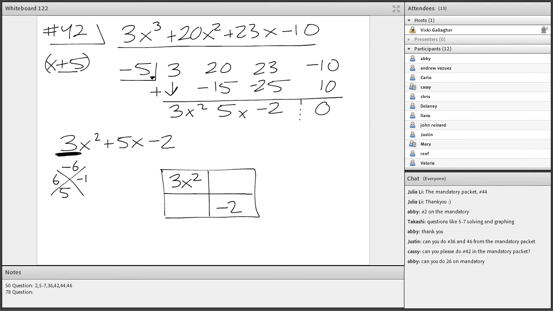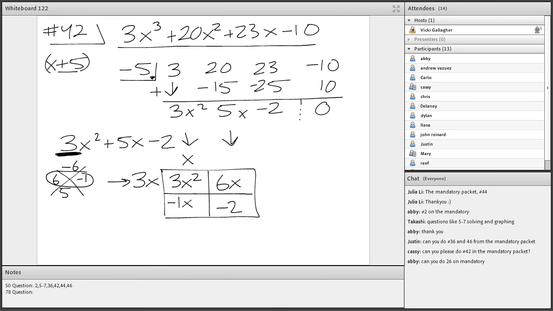And then on the diagonal, I'll take my numbers from the x, and I'll put an x next to them. I like to start by looking at the top 2 boxes and seeing what they have in common. Both those numbers are divisible by 3, and they both have an x. Then I'll move up top, and I'll ask myself 3x times what will make a 3x squared, and it's x.